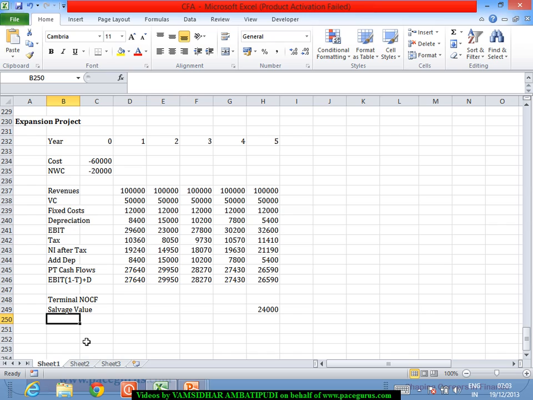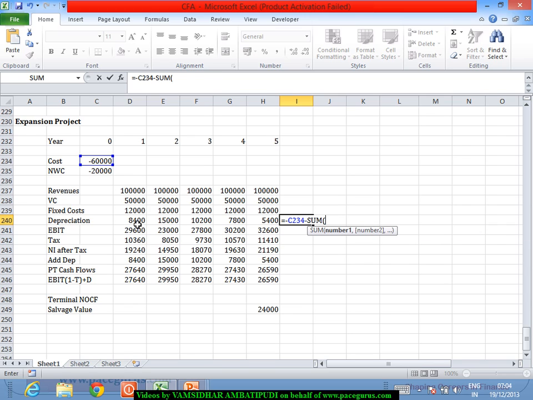But as per the books, what is the value of the asset? I have already depreciated 46,800 of it. So the book value that is still left for the asset is 60,000 minus whatever has been depreciated till date.